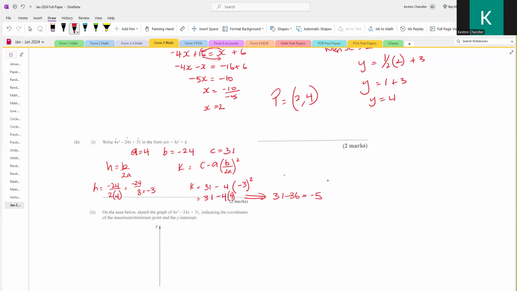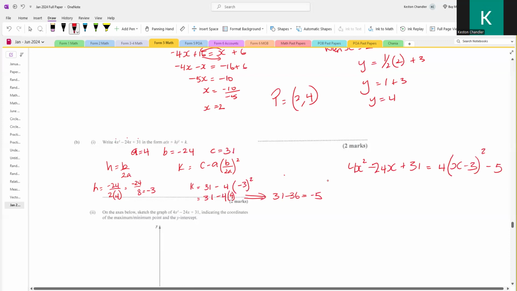So 4x squared minus 24x plus 31 is equal to 4 into (x plus h) squared plus k, where h is negative 3 and k is negative 5. See now? Everybody okay with that?